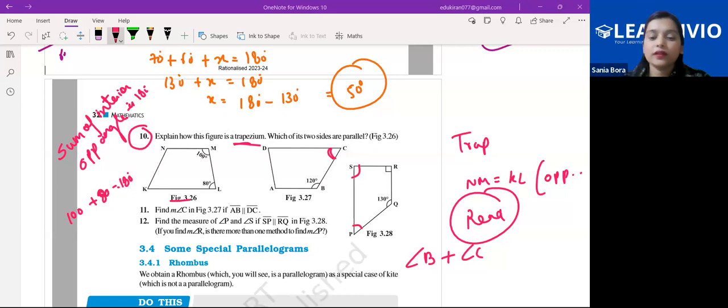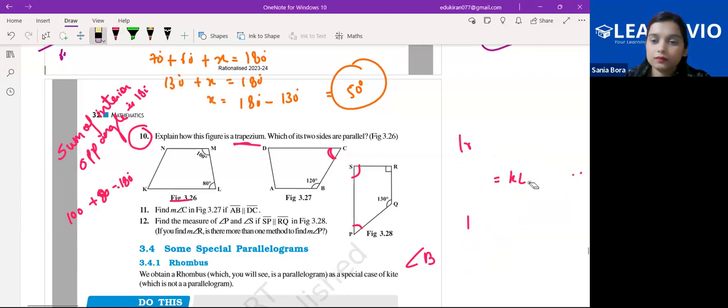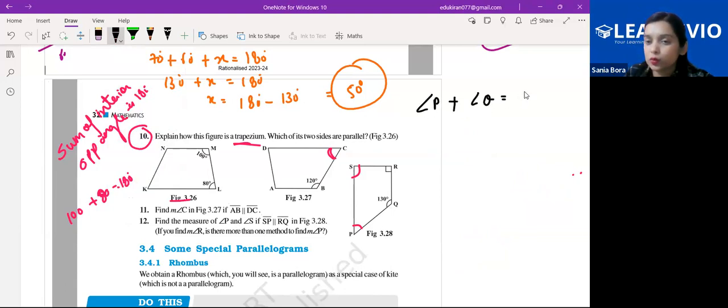So over here, in the first part, angle P is 50 degrees and angle S is 90 degrees. First, angle P plus angle Q equals 180 degrees, because they are co-interior. Opposite angles are not 180 degrees here, and these are not opposite.